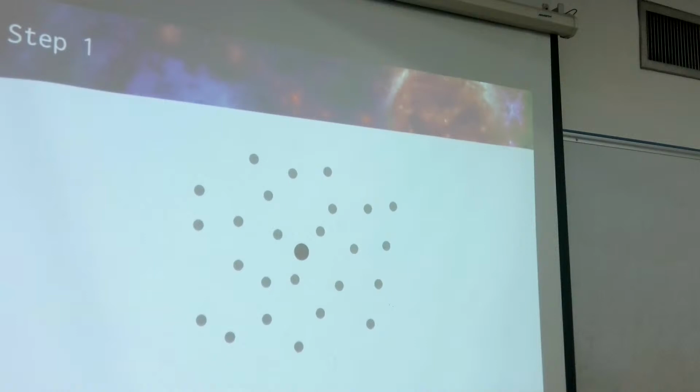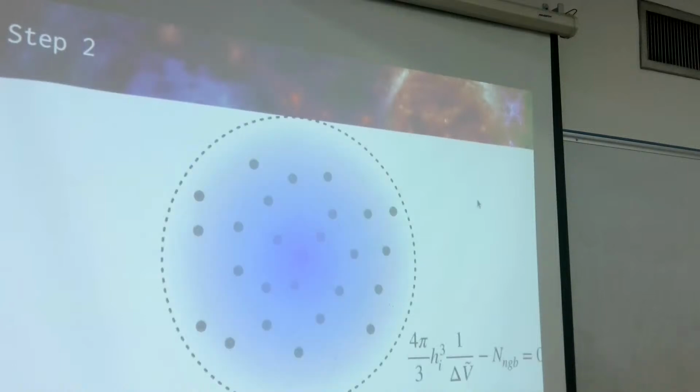So just visually, step one, all of the particles. If I'm interested in just the big particle in the middle, I try to find the correct radius that has all of my neighbors, so I can solve the two equations at the same time, using bisection or whatever, just finding the correct size of the neighborhood.